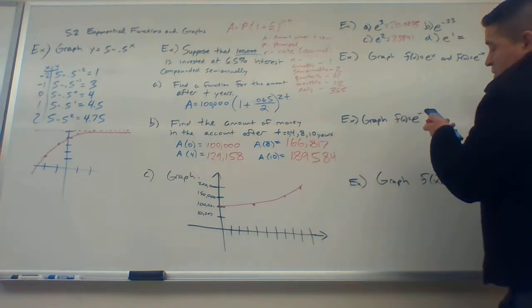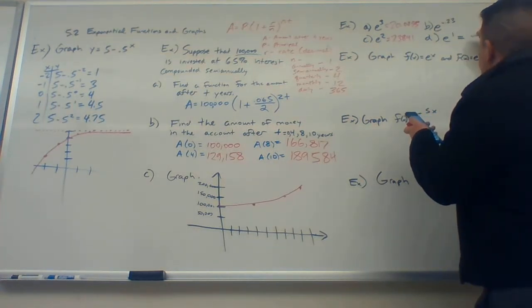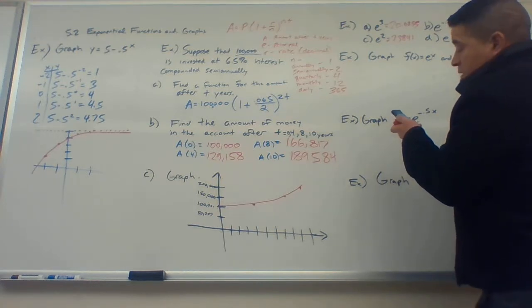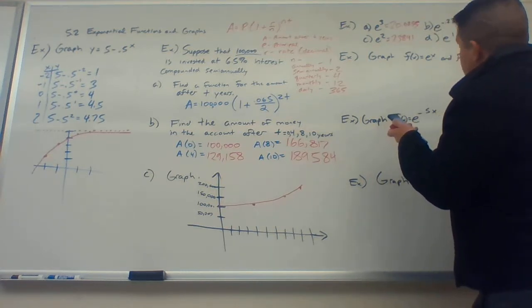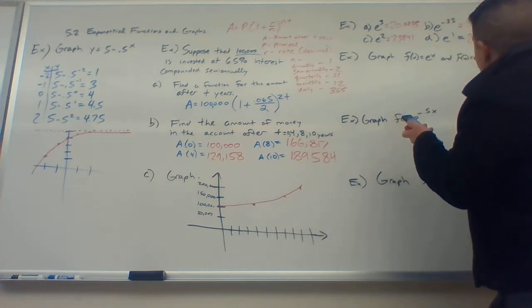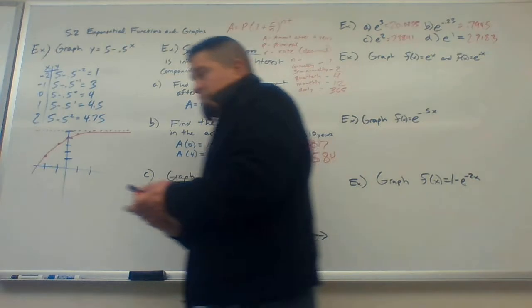And e to the negative 0.23, 0.7945. And e to the first is 2.718.